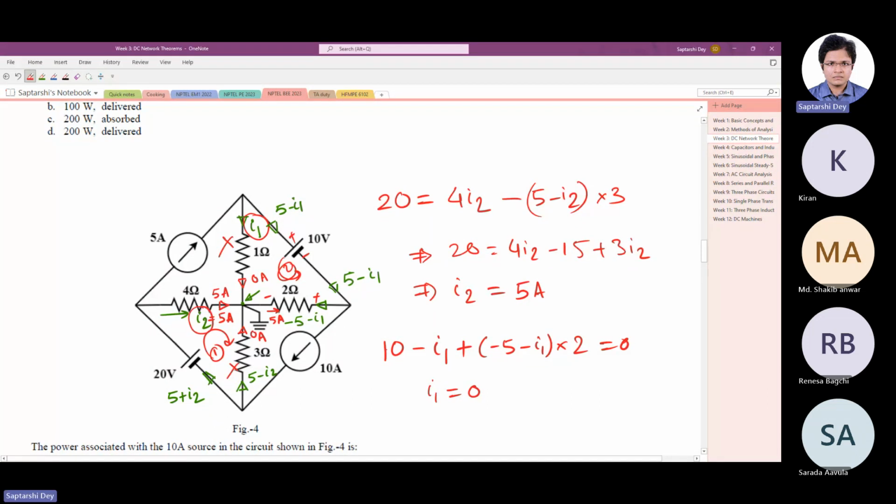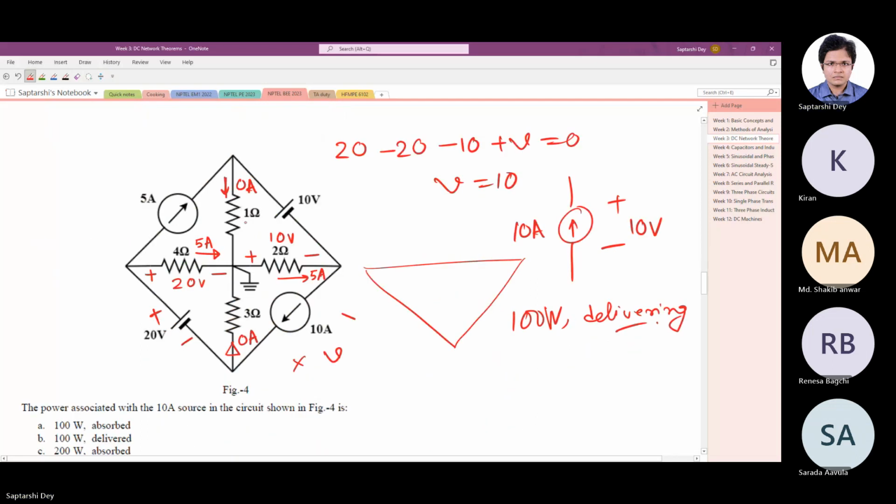Now, based on these two unknown variables and other current sources present in the circuit, we can write down the current expression for the other networks. Now, from there, we write down two KVLs. One in this loop, because we have a voltage source here, and the other one in this loop.